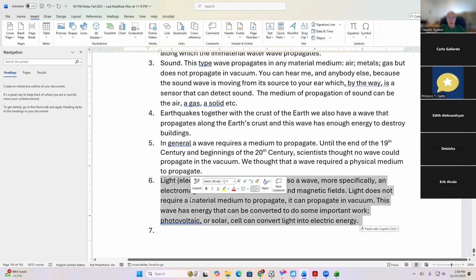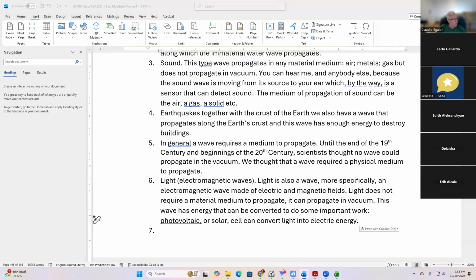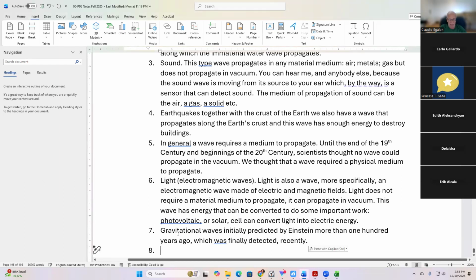Okay, so in addition to light or electromagnetic waves, we have another important type of wave that was demonstrated just recently. It was predicted by Einstein himself, but it took 100 years for us to obtain experimental evidence of this type of wave, a wave that does not require any medium whatsoever to propagate, and the name of this wave is the gravitational wave.